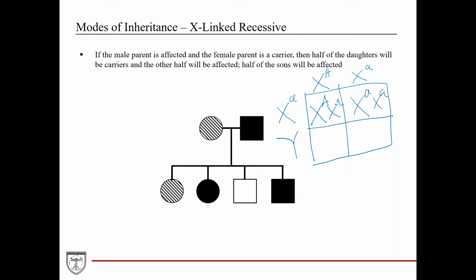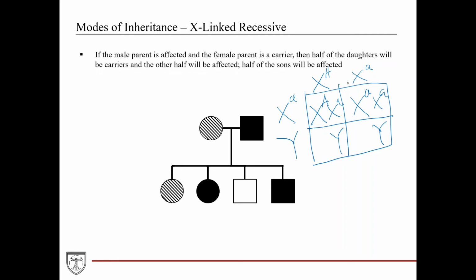And so what happens is they have a 50% chance of inheriting a dominant allele from their mother and a 50% chance of inheriting a recessive allele from their mother. So as a result of that, they have a 50% chance of being a carrier and then 50% chance of being affected. For the sons, they have to inherit the Y chromosome from their father.